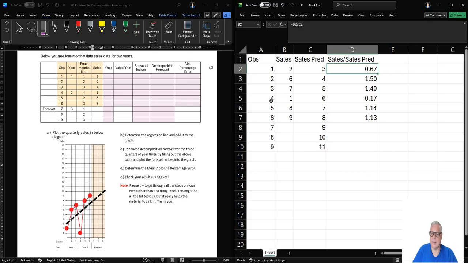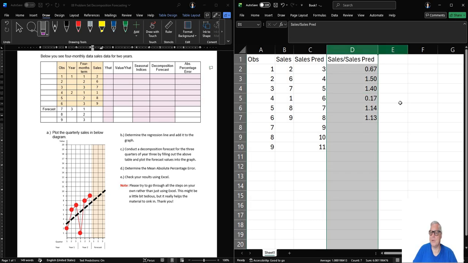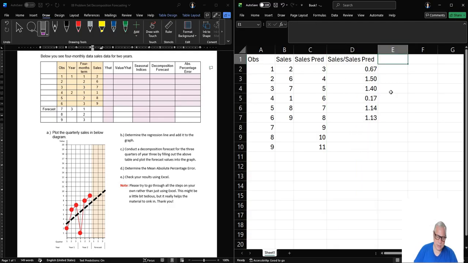Then in the next spring, we are again below the trend line, and in the summer and the fall we are again above the trend line. Okay, so now we have to average that out and calculate the seasonal index.